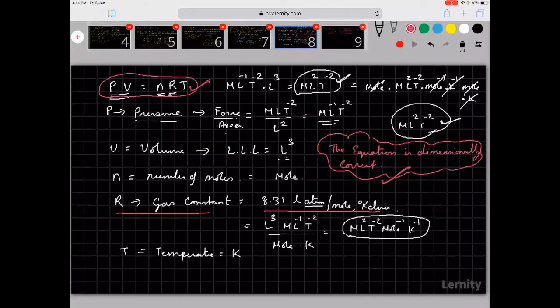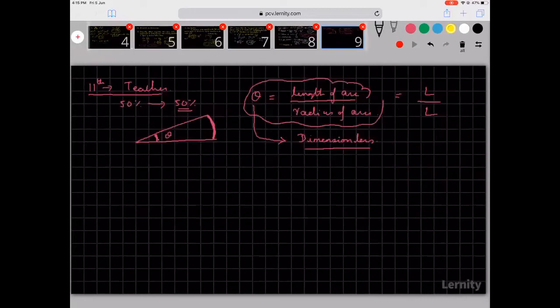Now some of you asked me what kind of question you will get in the exam. So here I will give you a question. According to the universal gas law, PV is equal to nRT. Now there was a scientist by the name Van der Waals who made a correction to it.